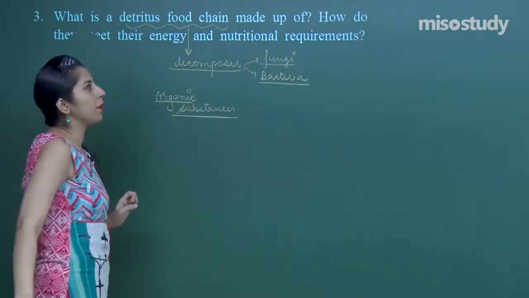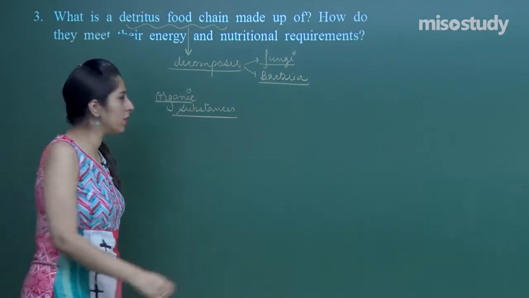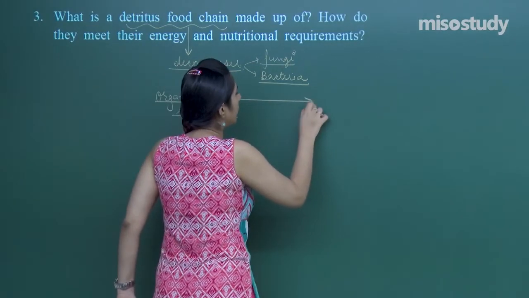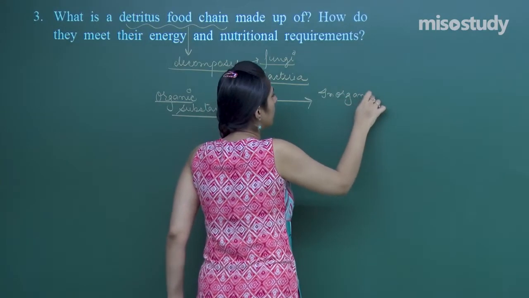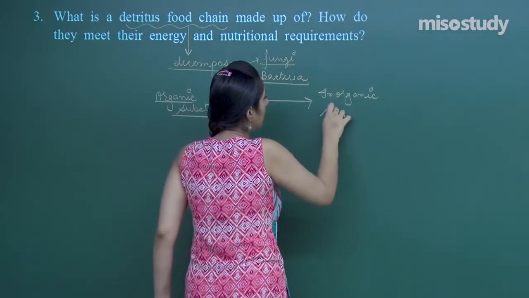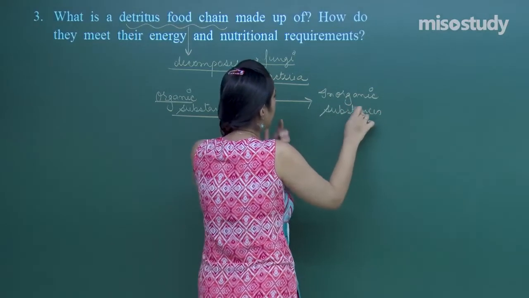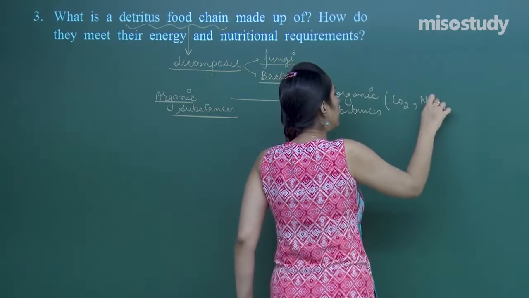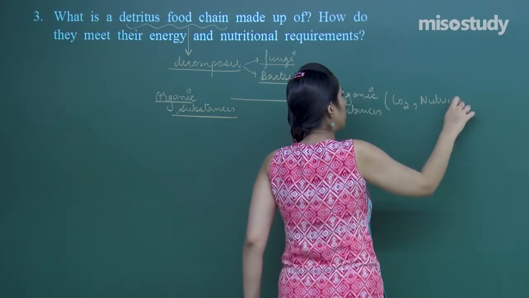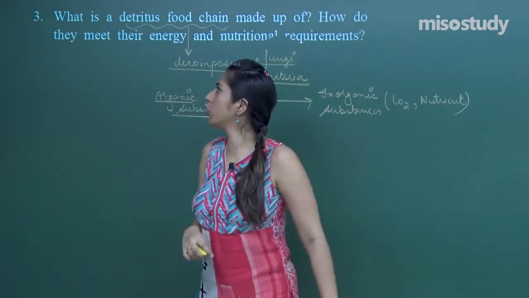That means the dead remains of plants and animals. They will be decomposed by the decomposers, due to which they will be converted into inorganic substances. Now, these inorganic substances can be carbon dioxide, they can be any nutrient as well. Right? So this was question number 3.